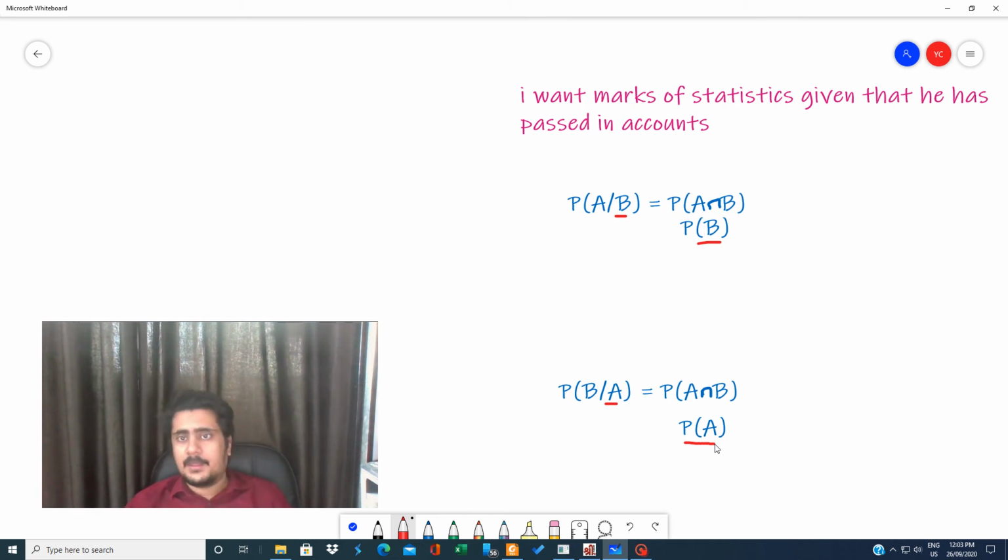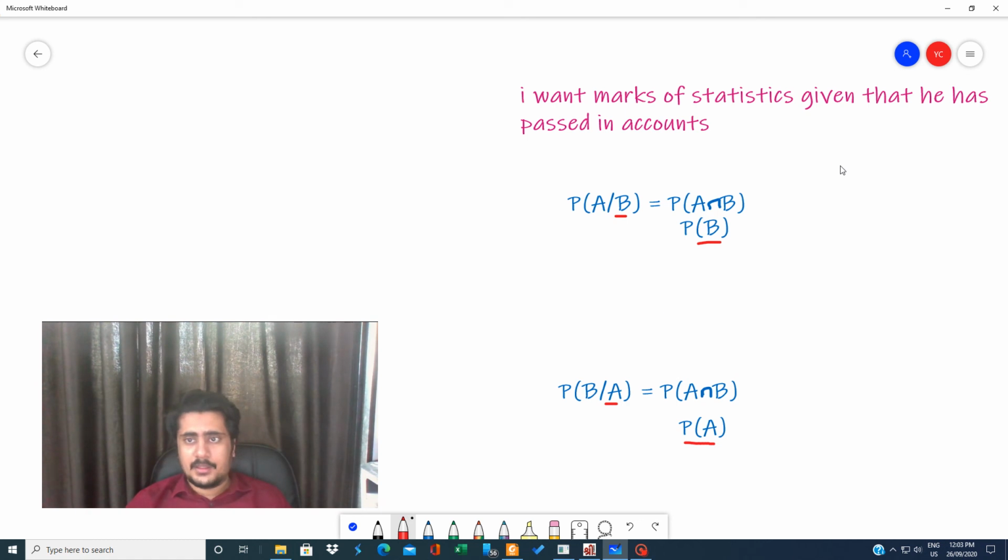Then from the question, how to identify what is asked. The main thing in the probability chapter is that you have to identify the question. Your question paper will not tell you from which chapter or topic it is, and they will not tell you that it is conditional probability. You have to identify from the question whether it is related to probability, whether it is related to conditional probability or what.